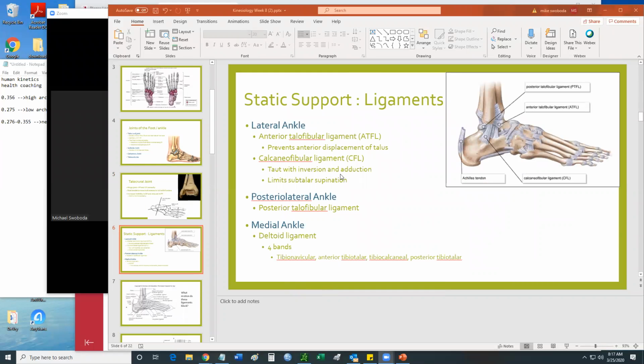The soft tissues you'll need to know, there's 3 groups of them. Well, 2 groups plus 1 extra. So the Achilles tendon is the major tendon you need to know. This is also known as your calcaneal tendon.